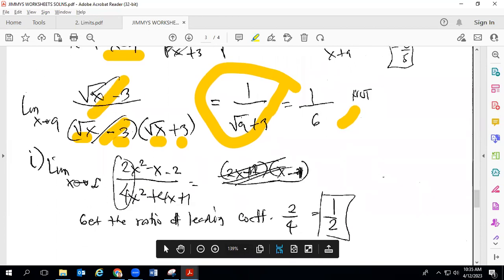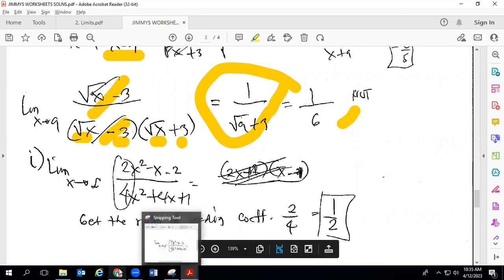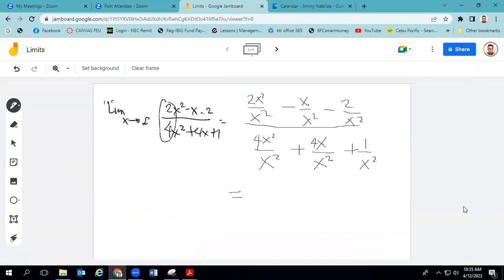Now about when your x approaches infinity. What you're going to do is just divide everything by the variable with the biggest degree. The biggest degree here is to the power of 2. So you divide all of them by x squared. So this one you will have, what's this? 2.